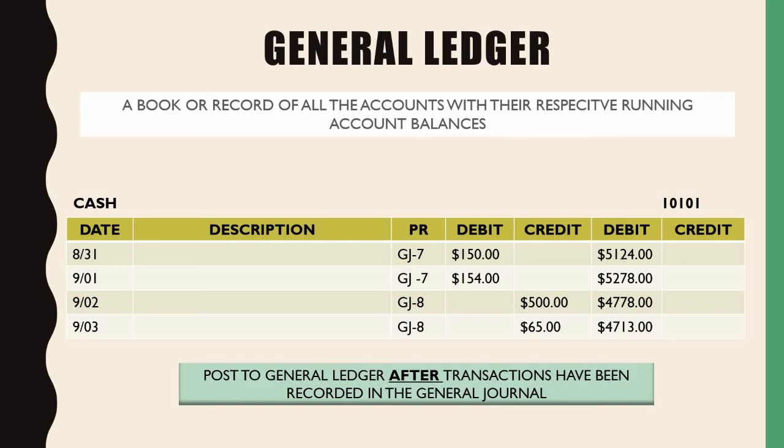And this is how the normal balance affects your ledger, because I'm always going to have a positive balance in my checking account, which will tell me I'm doing good. I don't owe the bank any money. I always have money in my bank account, enough to cover any expenses I have to pay.